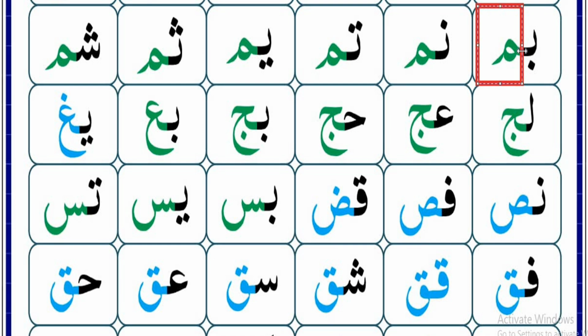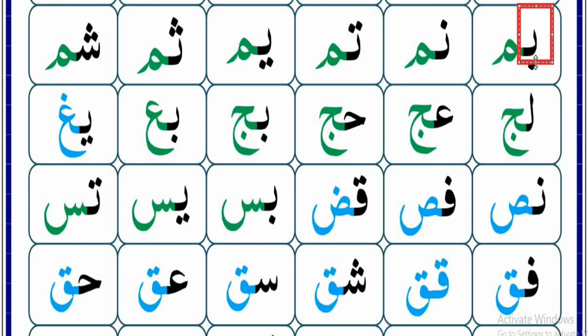Okay, so the second letter is meme, and the first one, this simple shape, can be ba, noon, ta, ya, or tha, depending on the number of dots and the position of dots.